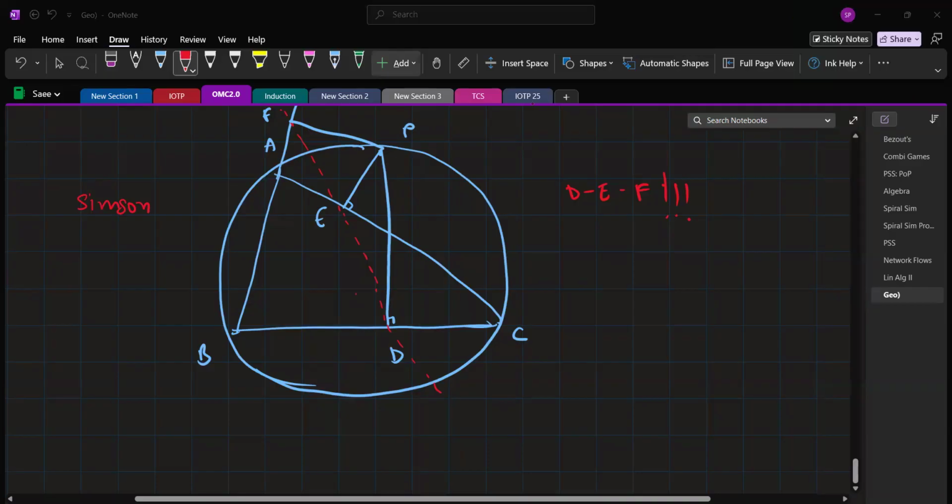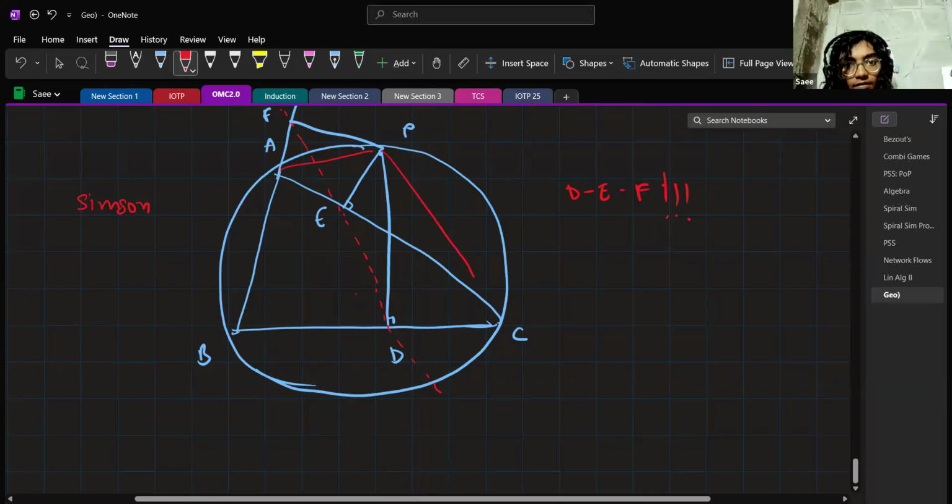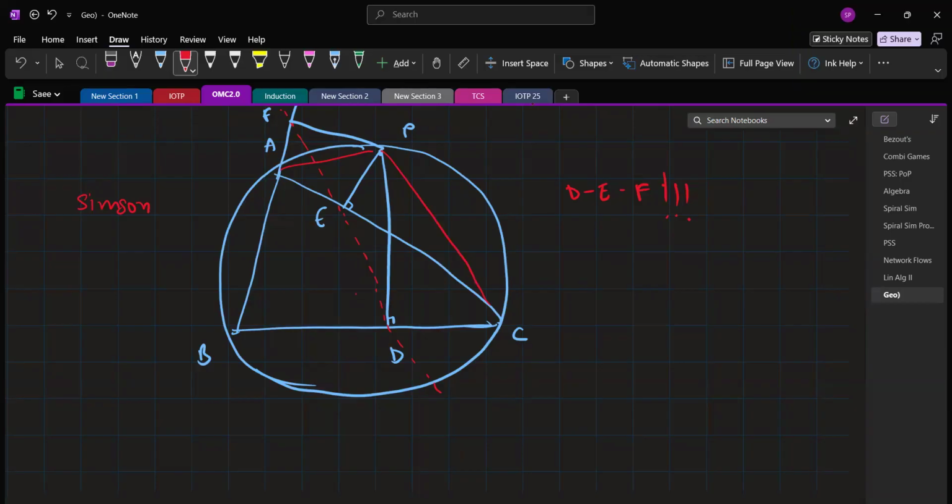Anyway, so how do we show that? Complete the quadrilateral ABCP. Complete the quadrilateral, please. Now FPDB is cyclic. Yes.